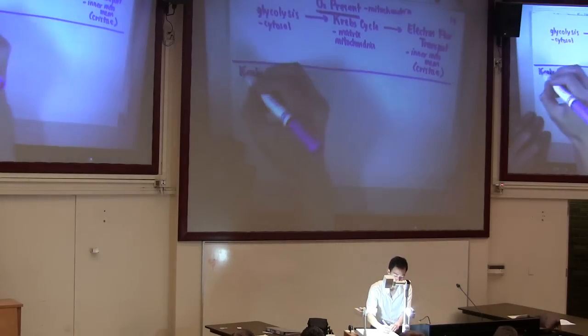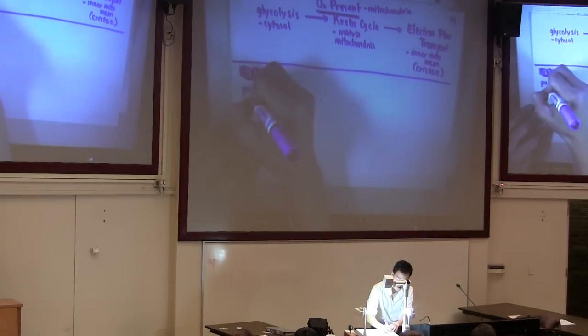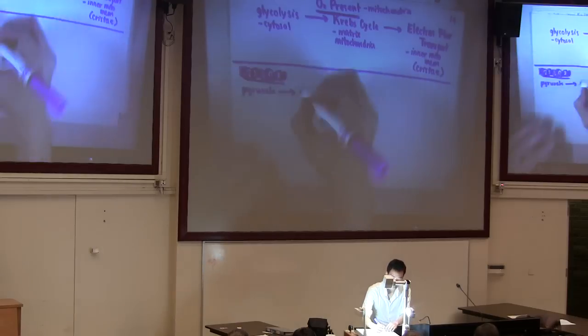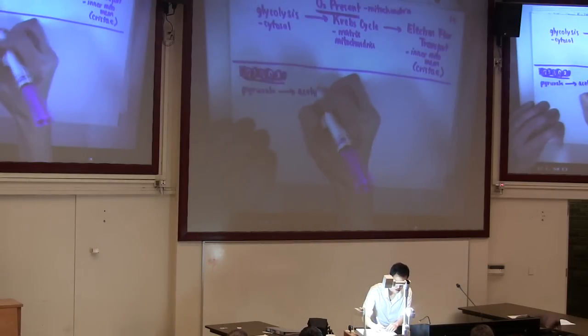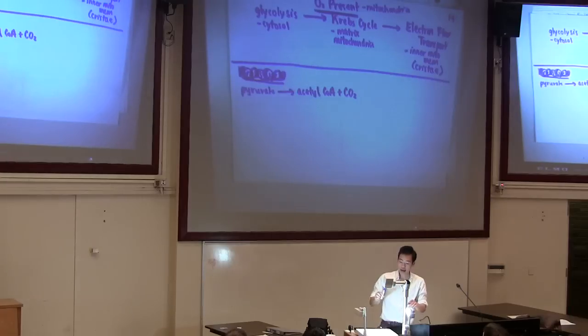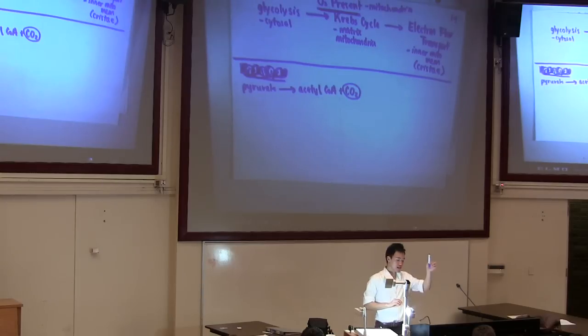So what happens in the Krebs cycle? Pyruvate is converted into what? Acetyl-CoA and CO2. What happens to that CO2? It's released to the atmosphere.